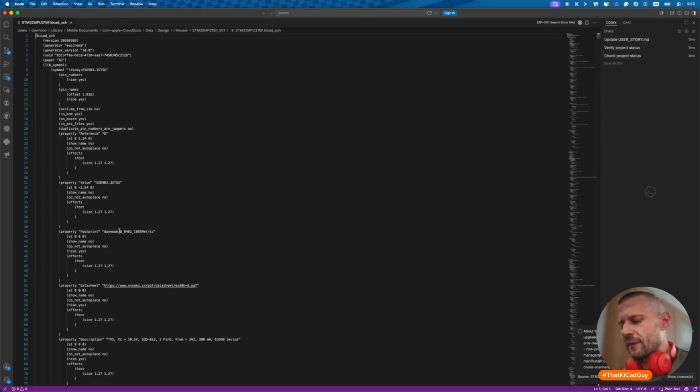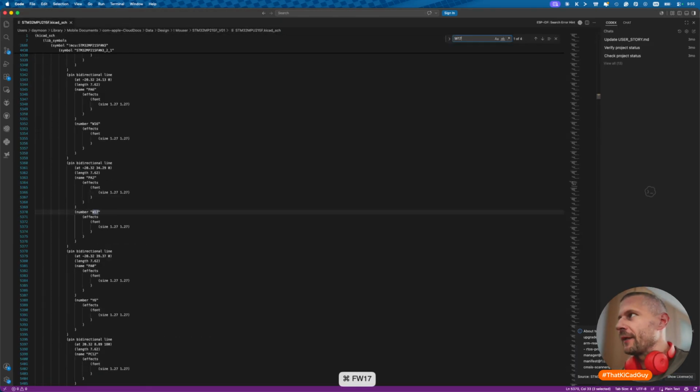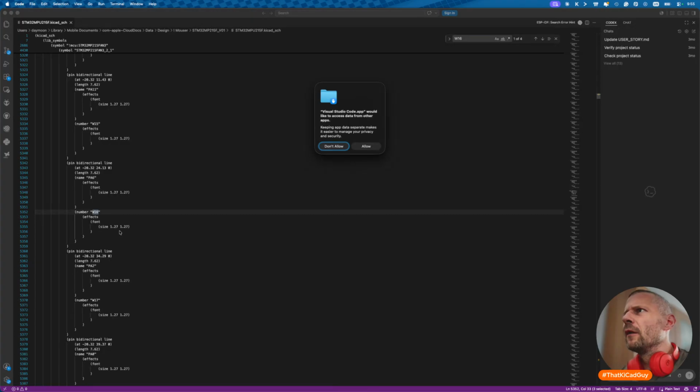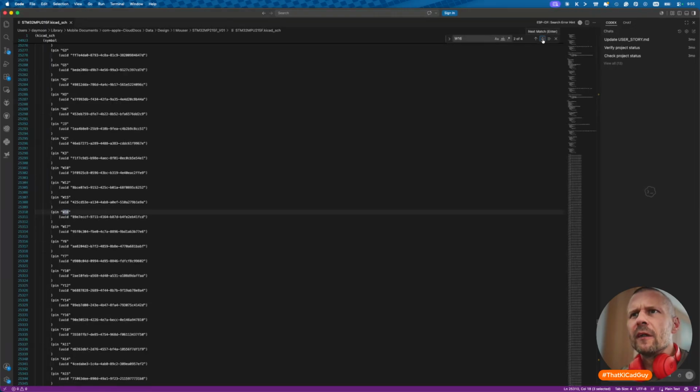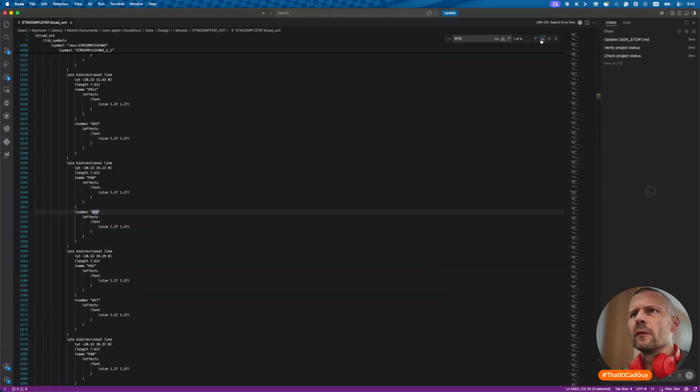Let's find the W16 pad, and here. I don't know, I don't care. 4 occurrences. It's symbol.